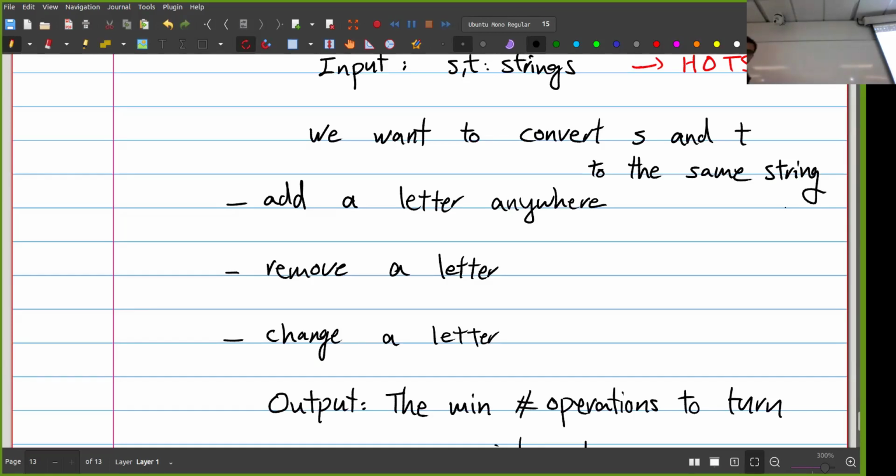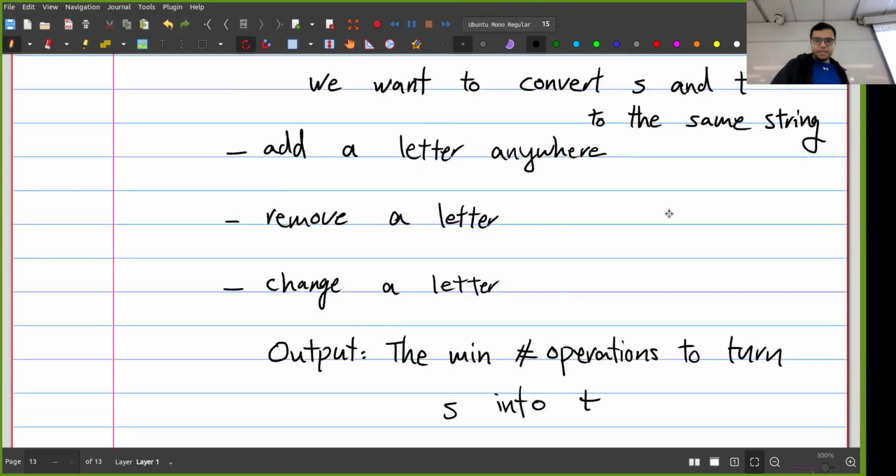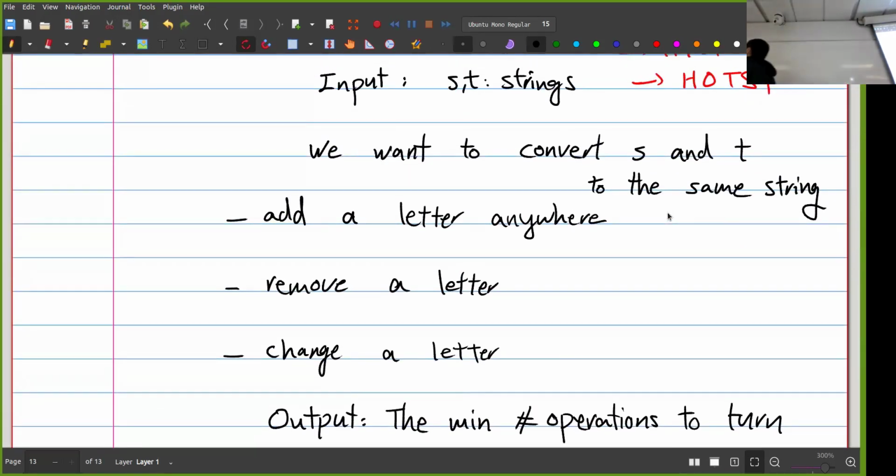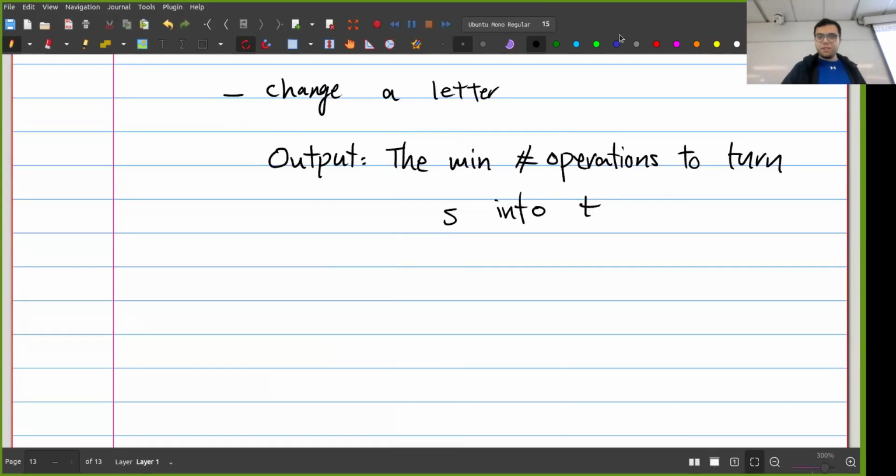Now, okay, give me dynamic programming ideas for this. How would you do this? So let's just look at prefixes as before.